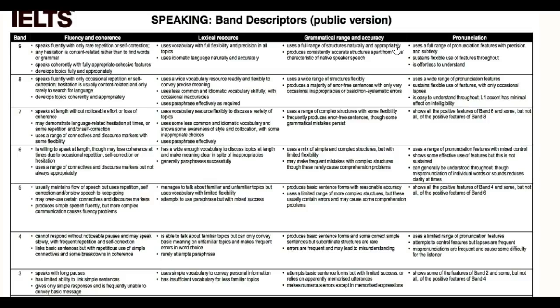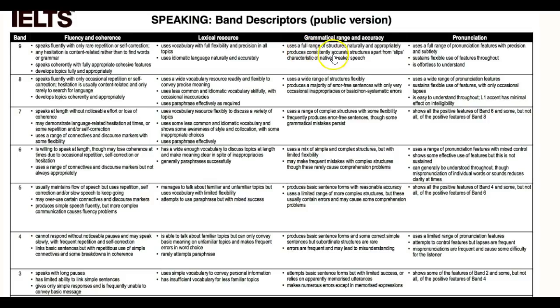Or, you know, I need to use a relative clause, so do I put my preposition before the relative pronoun or at the end of my clause? So at a 9, you're not thinking about this stuff. You're just talking and it comes out beautifully and it comes out accurately. And it's at a high level, okay?